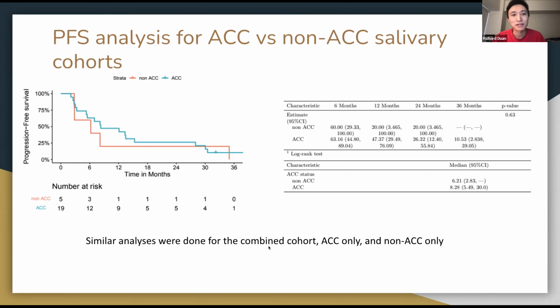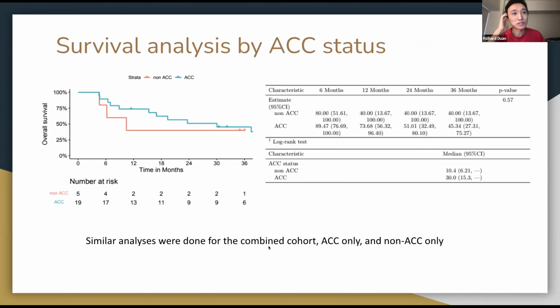So yeah, they have many. And then this is a survival analysis, looking at overall survival instead of progression-free survival. Similarly, they have other Kaplan-Meier curves for the combined cohort, ACC only and non-ACC only. I didn't put them in because it would take up a bunch of slides, but that's what the data looks like.